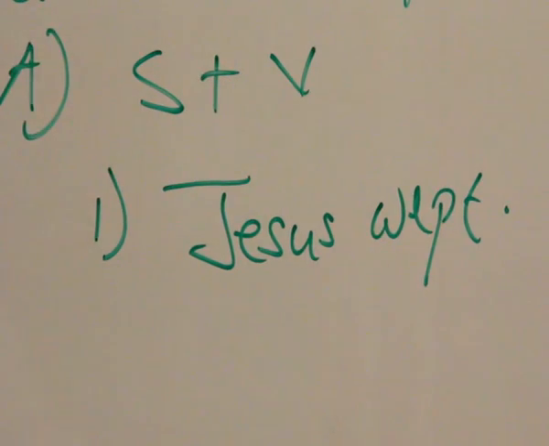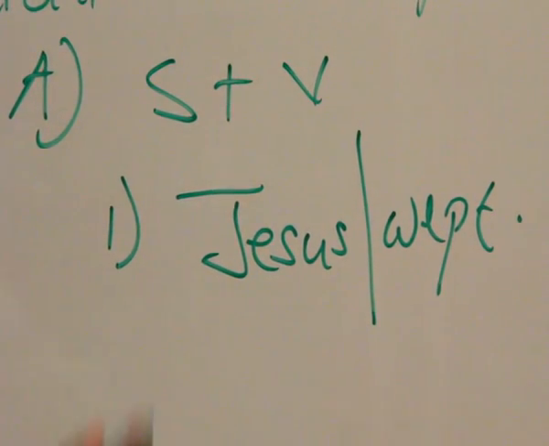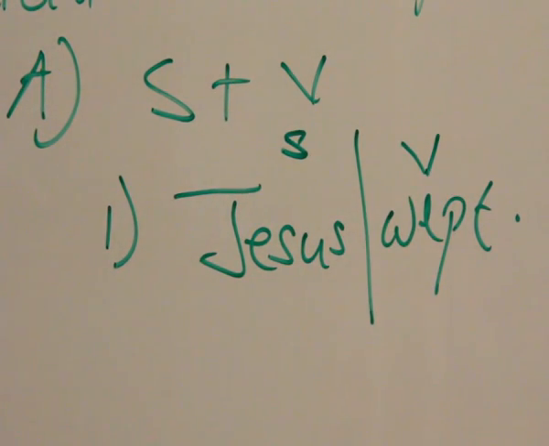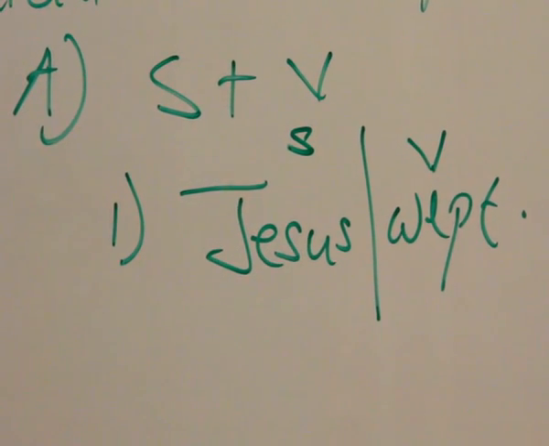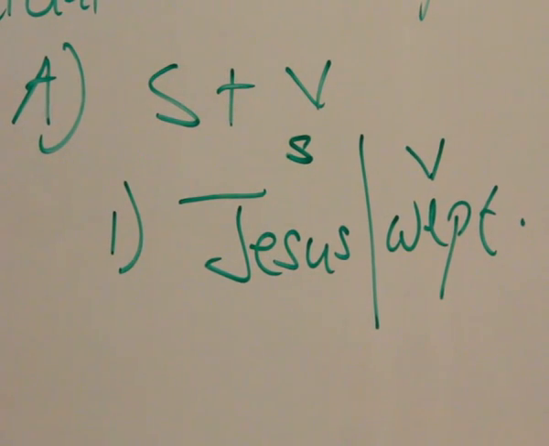This is a sentence because it has the compulsory component of a sentence, the subject and a finite verb. So this has a structure of a sentence, and so it is a sentence. And it has a structure of S plus V.